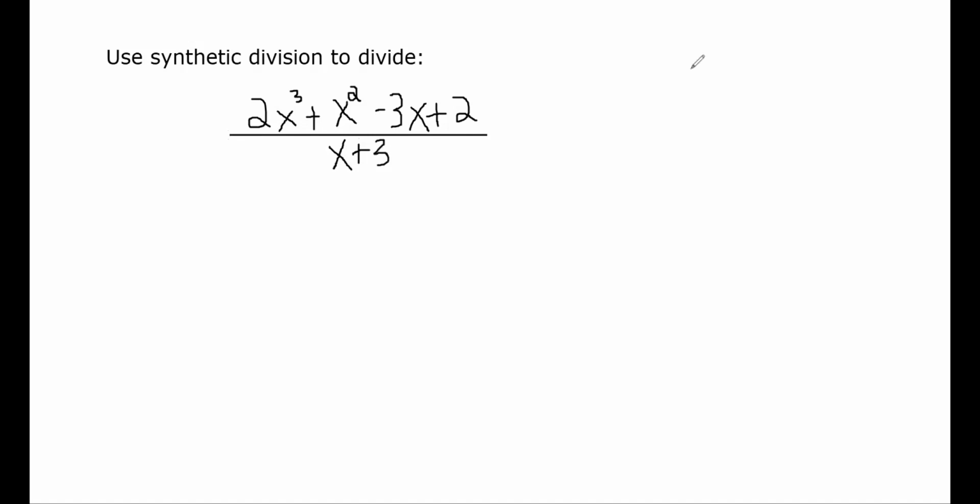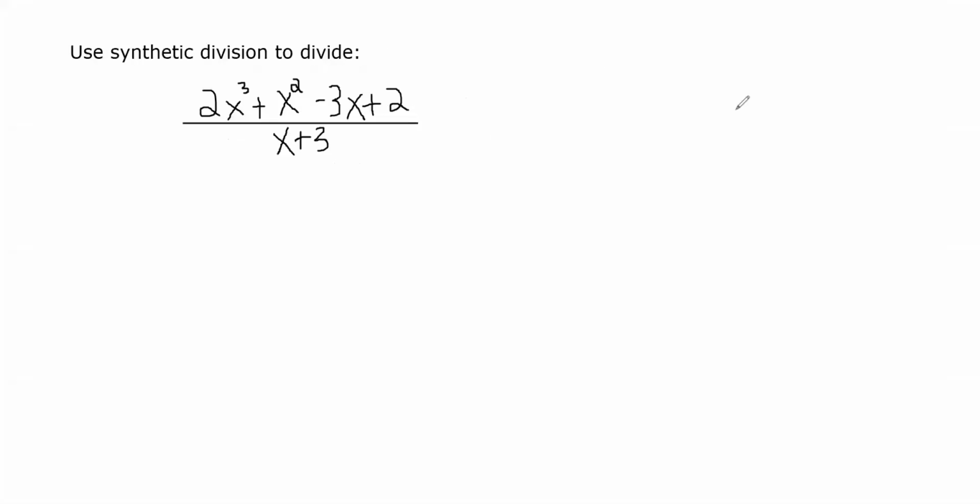We'll use synthetic division to do this one, and then we'll write out kind of what it does. Normally, if there's no remainder, it's really nice. We can just write it out cleanly. If there is a remainder, we have to do a little bit of an adjustment to make that happen.